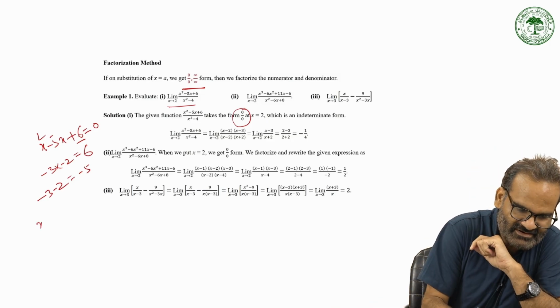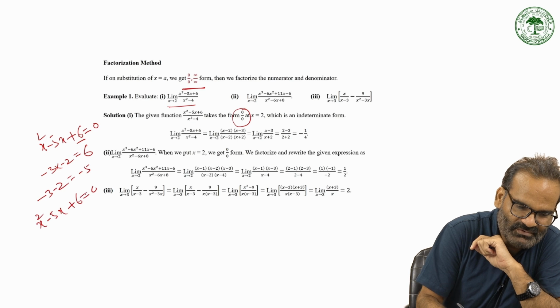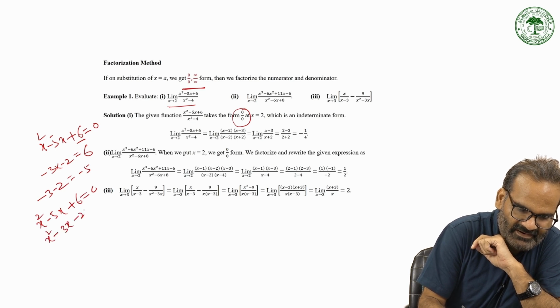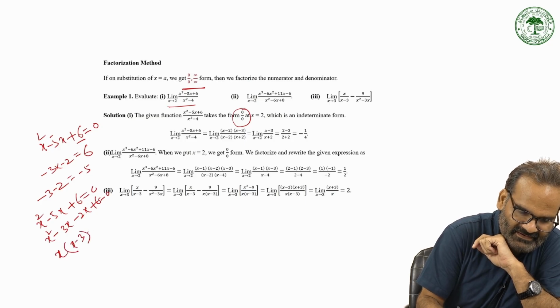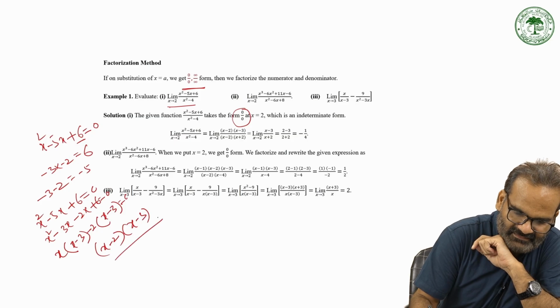So this equation x square minus 5x plus 6 equals 0 can be written as x square minus 3x minus 2x plus 6 equals 0. Take x common, you get x minus 3. Take minus 2 common, you get x minus 3. So this is (x minus 2) and (x minus 3), right?